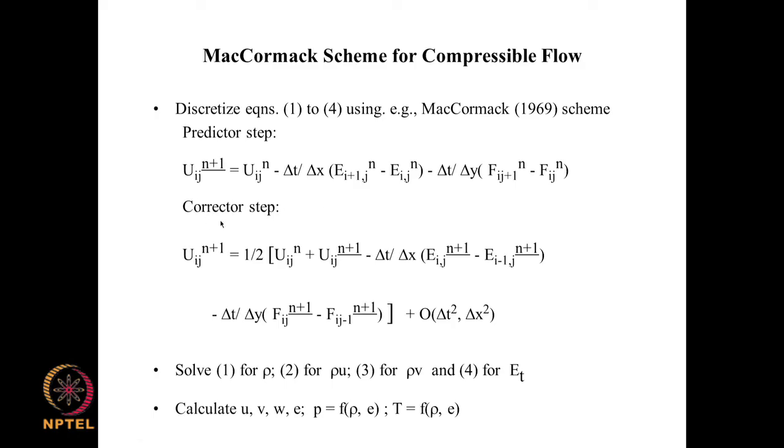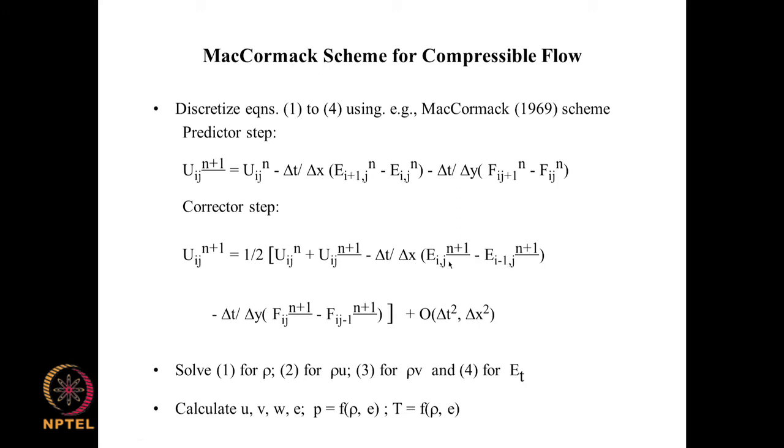Now, the corrector step is put as u_ij^(n+1), this is the value that we are actually seeking, and this is half of (u_ij^n plus u_ij^(n+1 bar)), the same as what we had earlier, with a bracket here, minus delta t by delta x times (E_ij^(n+1 bar) minus E_(i-1,j)^(n+1 bar)).